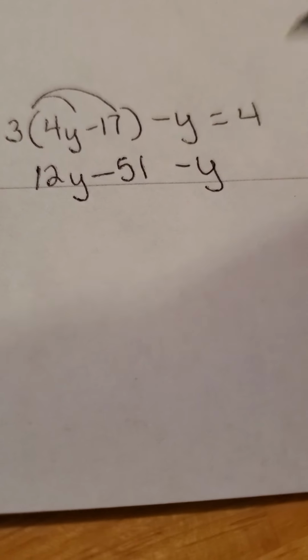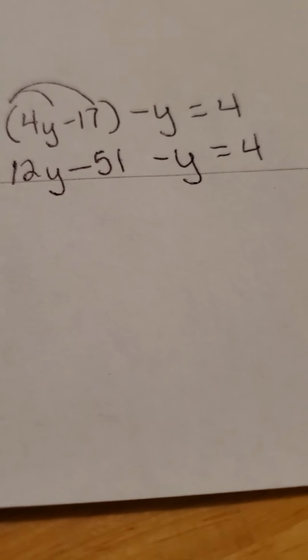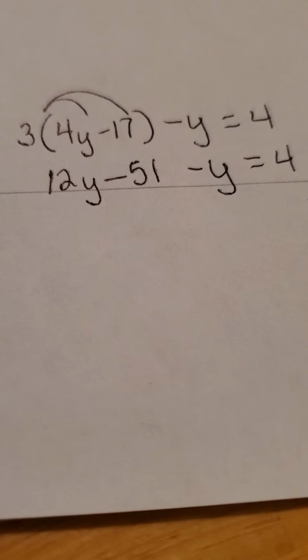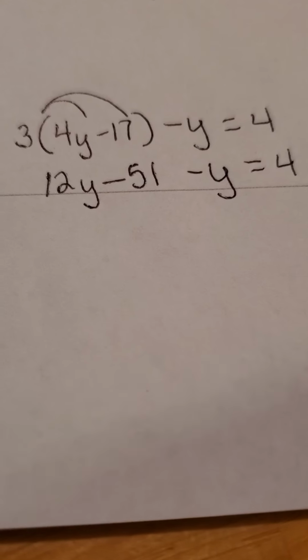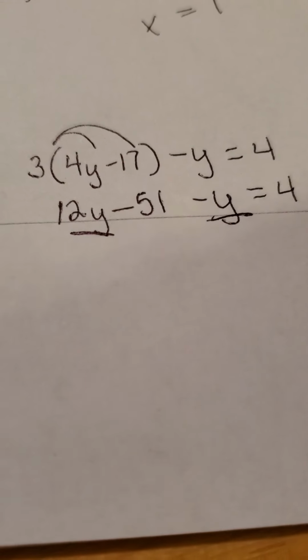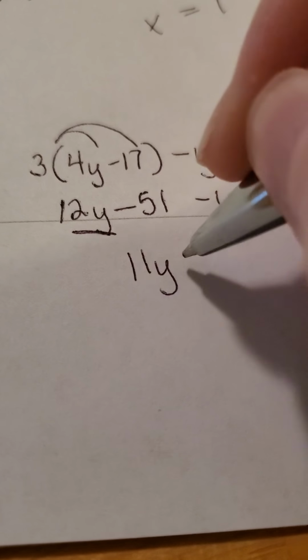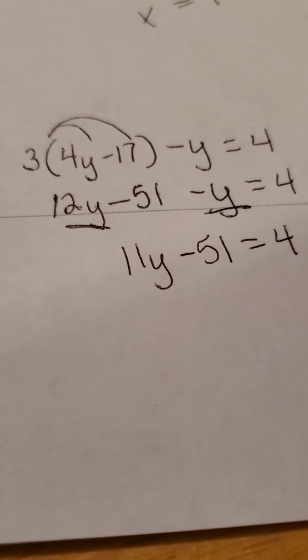I still have my minus y, equals 4. Okay, now I can combine like terms that are on the same side of the equals. I have a 12y and a minus 1y, so I can combine those two things. So I can say 11y minus 51 equals 4.